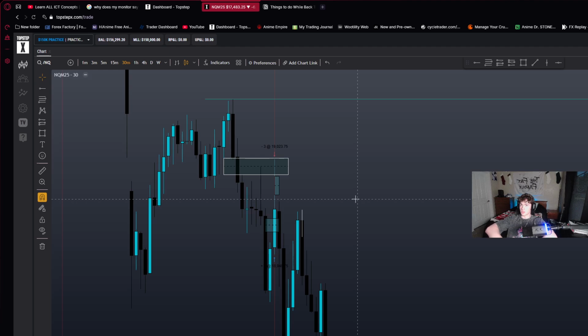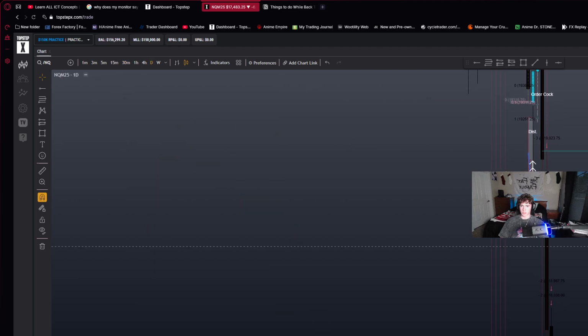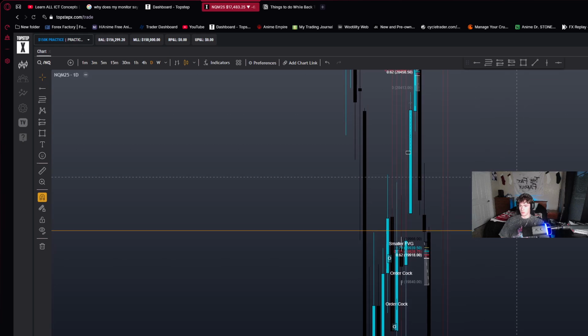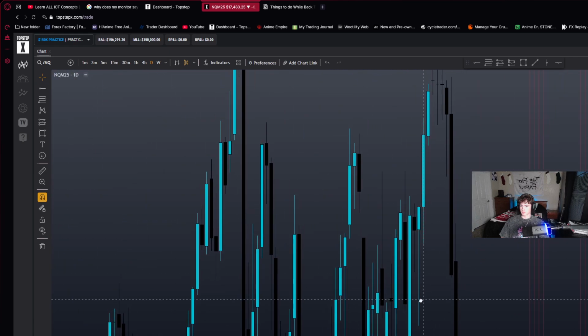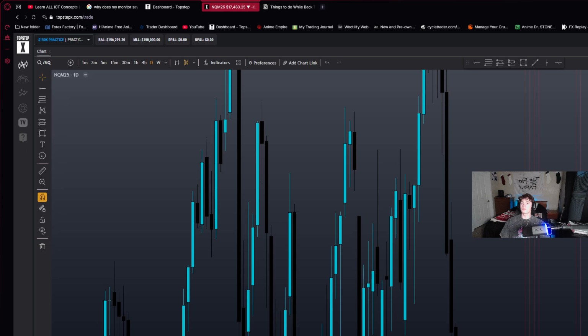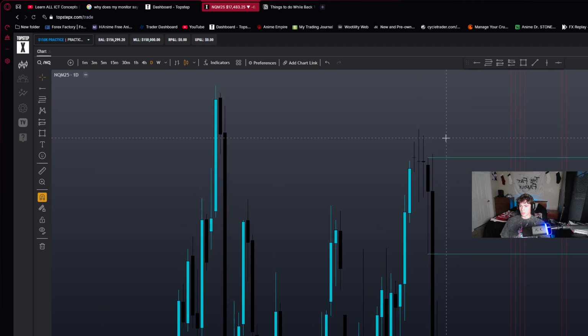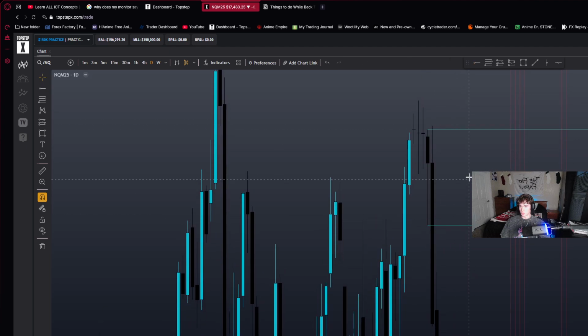So TJR's strategy is his bias is based off of what he hits first, right? It's basically what Fractal Flow taught us. If price breaks past this high, we're bullish. If price breaks past this low, we're bearish.